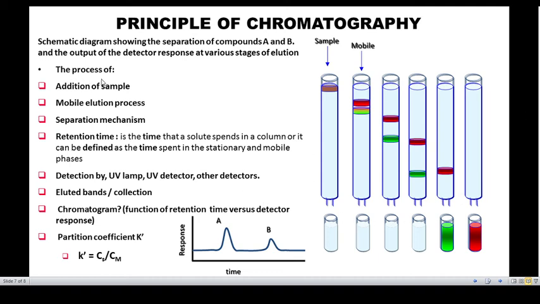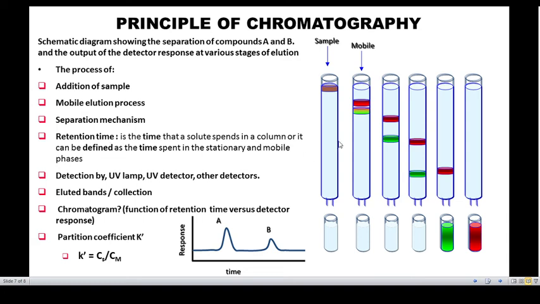The process involves addition of the sample, the first step, and then the mobile phase is introduced into the column. Then a separation occurs based on the different interactions of the components with the stationary and mobile phases.